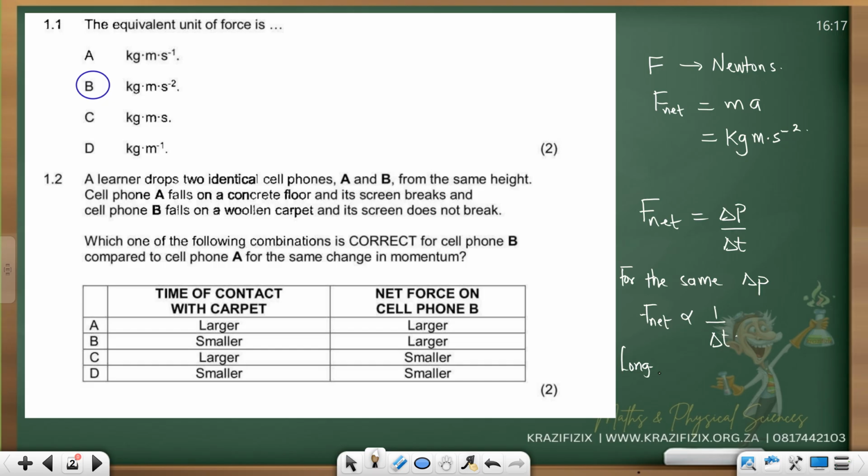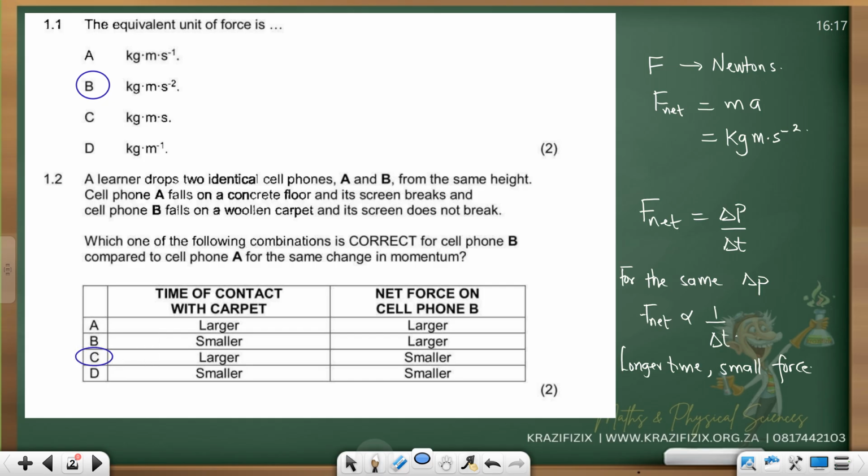We're saying longer time and small force. Because the cell phone screen did not break, the force is kind of small. All right, so the force is small, why? The time increases. Correct option is C.